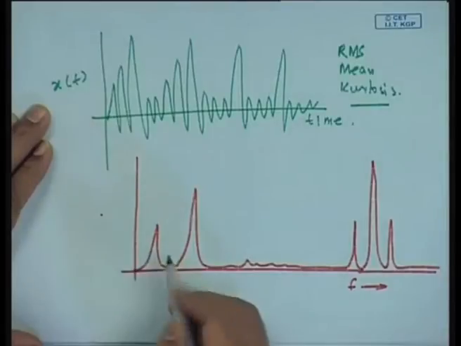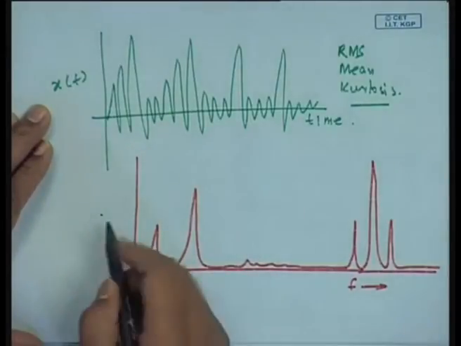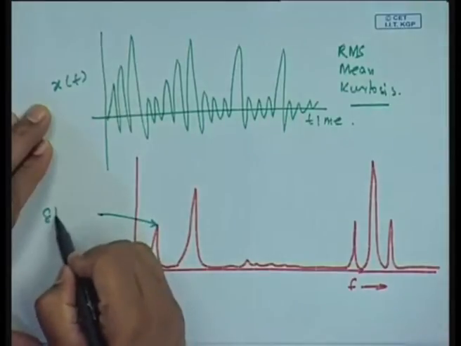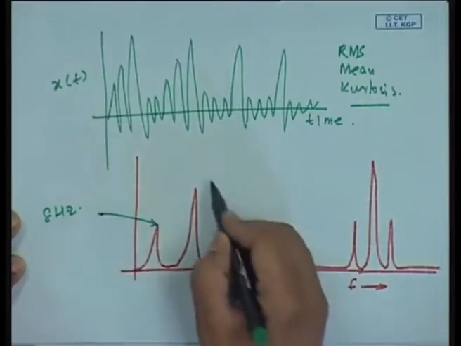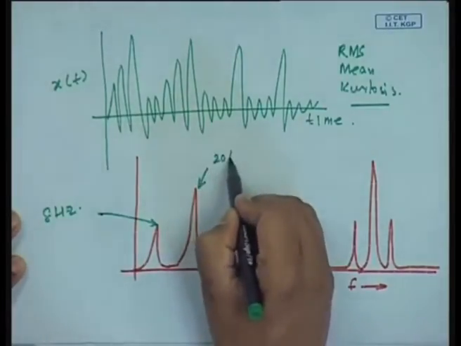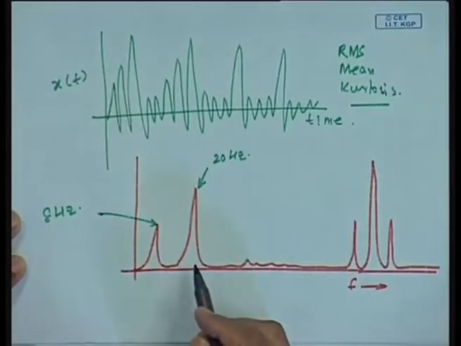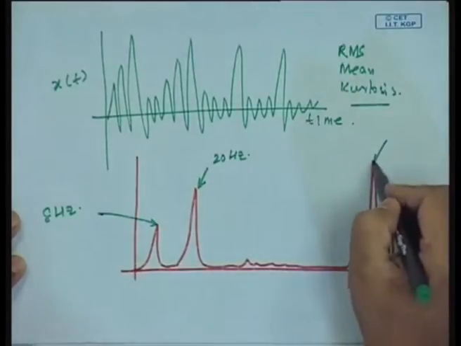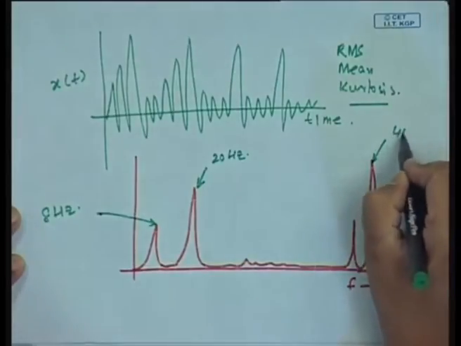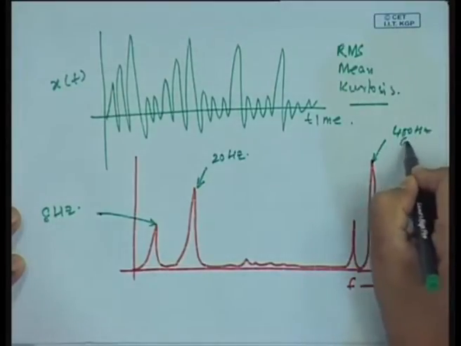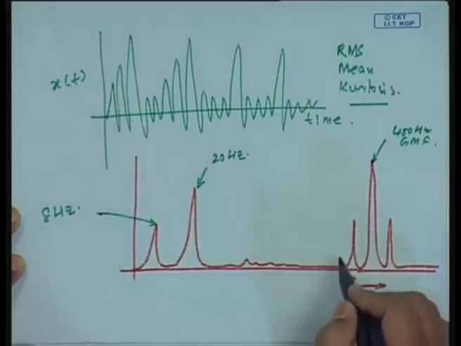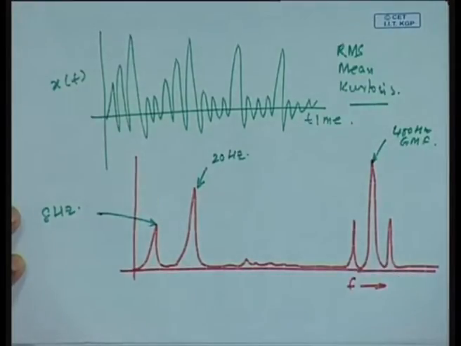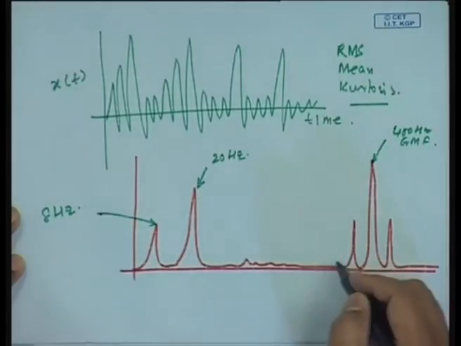This could be 8 hertz, corresponding to the rotational speed of the gear, this could be 20 hertz corresponding to the rotational speed of the pinion. This is the gear meshing frequency of 400 hertz, but what I will also see is the side bands around the gear meshing frequencies, and I will draw another family here.